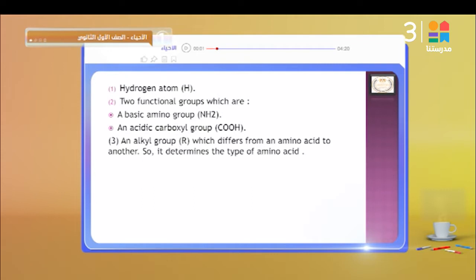I am explaining this point; this point is very important. Why? There are only 20 types of amino acids that enter the structure of the proteins. Proteins from chicken, meat, and legumes such as beans differ from each other. Why?